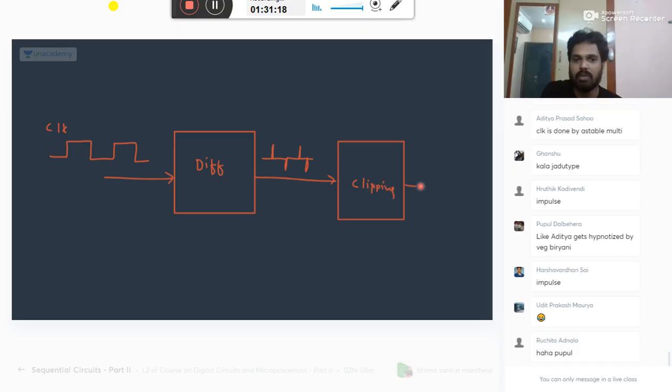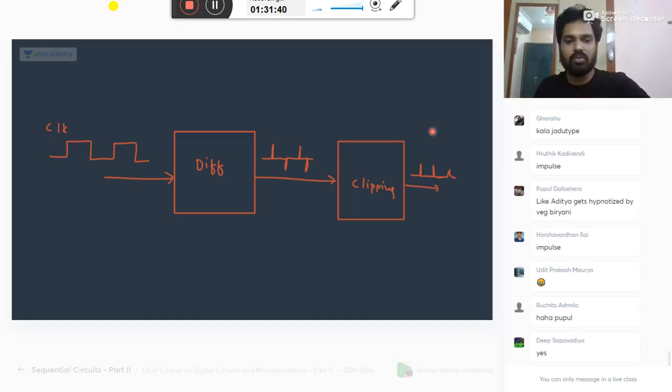You may use negative clipping or positive clipping, accordingly you may need this kind of circuit. So you are able to convert the clock's positive edges into simple positive pulses. Is it okay? So this kind of circuitry is required to make this.